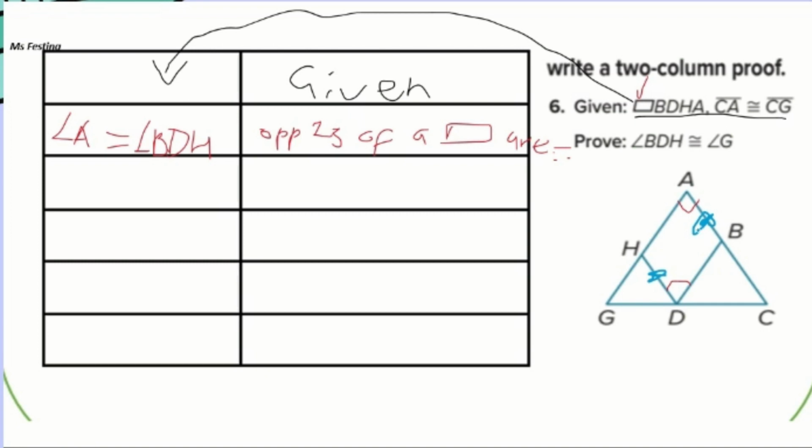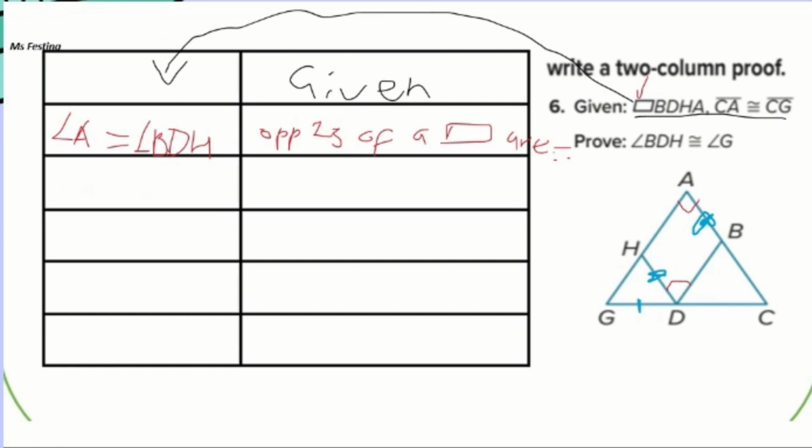And if they are parallel to each other, then it means that GD is also equal to AB. So you can go ahead and write HD equals AB. Why? Properties of a rectangle. Therefore, angle GD will also be equal to angle AB. Why? Because the two lines are parallel to each other. So that will be your answer there.